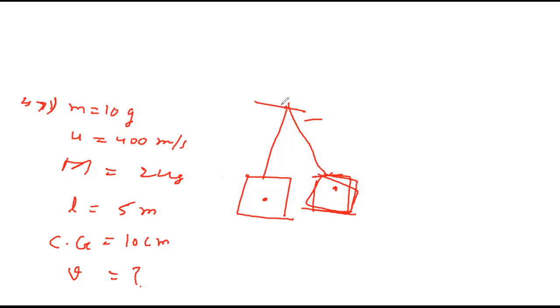What is the meaning of the block moving up and the center of gravity rising? That means we are talking about potential energy. So when the bullet comes and strikes this block, it gets embedded, moves up, and then it comes out.